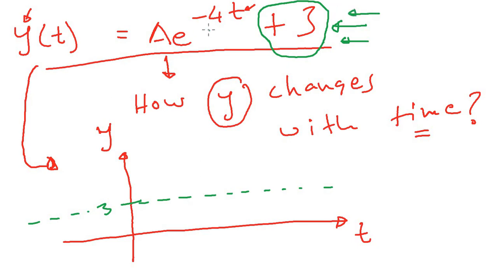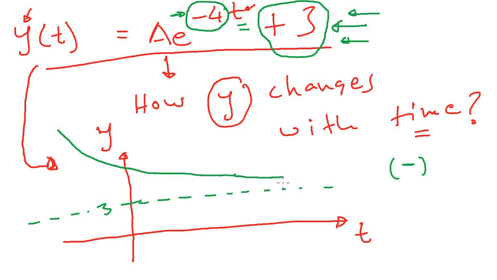In the next step, look at the number that is beside t. Look at this coefficient. If this number is negative, then you're going to get a downward sloping exponential curve. Remember, you have this e here and the independent variable is in the exponent.